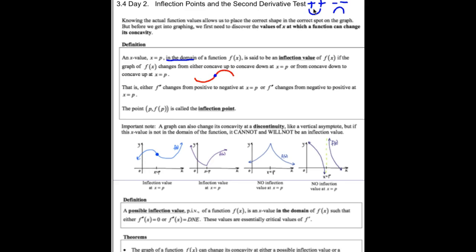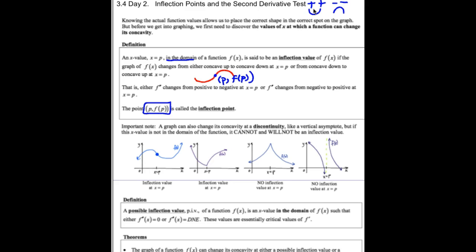And that point right there, the x-coordinate of it is called the inflection value, and the point itself is called the inflection point. And usually you're asked for the inflection point, which means the location of the point, x comma y, or in this case we're calling it p comma f of p.